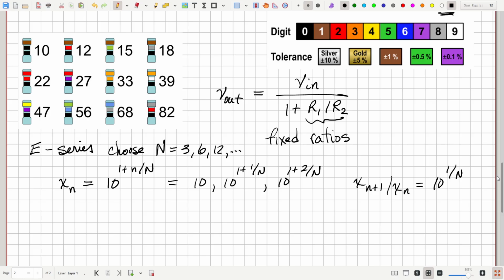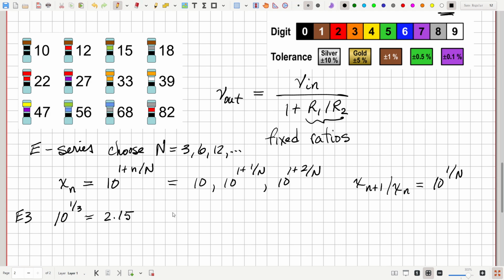So, for example, for the E3 series of resistors, this would be N is equal to 3. That would be 10 to the 1/3, and 10 to the 1/3 is about 2.15. So each one of the resistances would go up by a little more than a factor of 2.